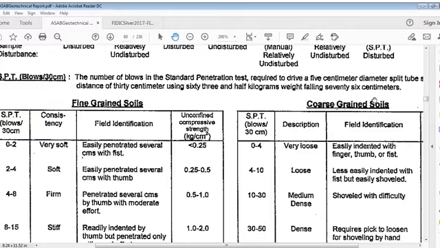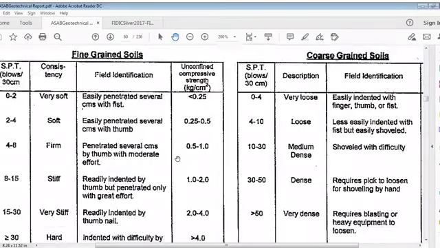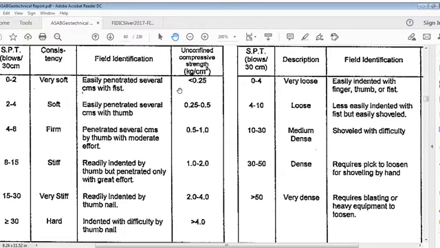That means 63.5 kilogram weight and 76 centimeter height falls to penetrate 30 centimeters. To penetrate 30 centimeters, how many blows are required? Now there are two types, fine grained soils and coarse grained soils, and it's giving some information on that.